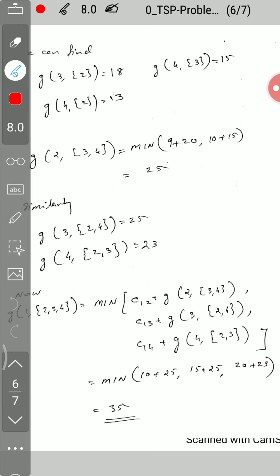Okay, next let us go back to put these values in g(2, {3,4}). What was g(2, {3,4})?